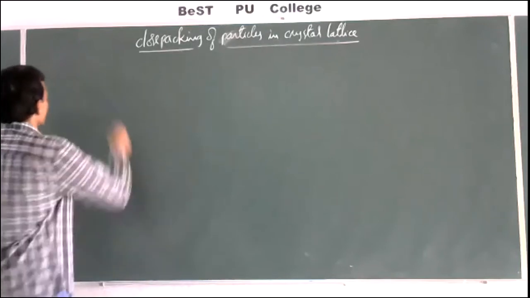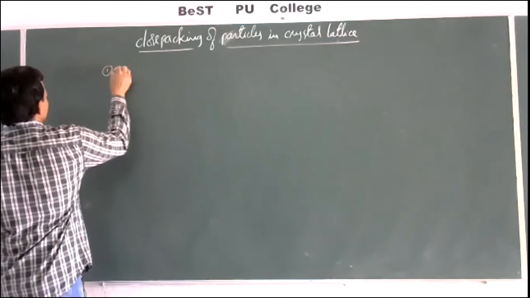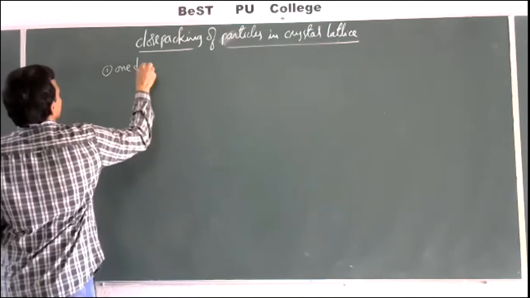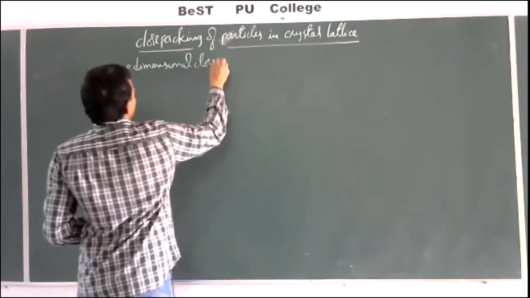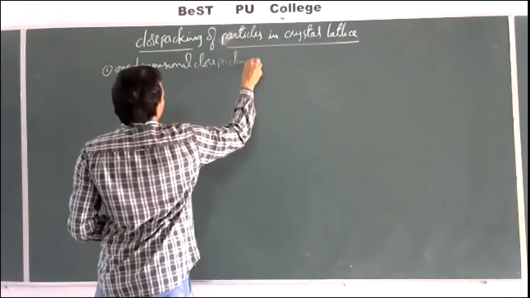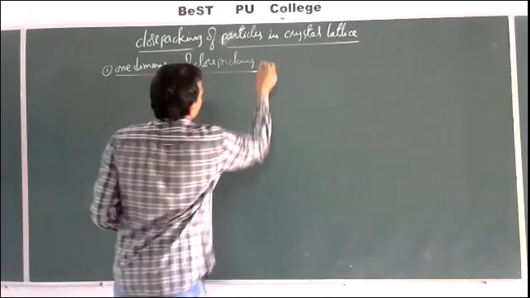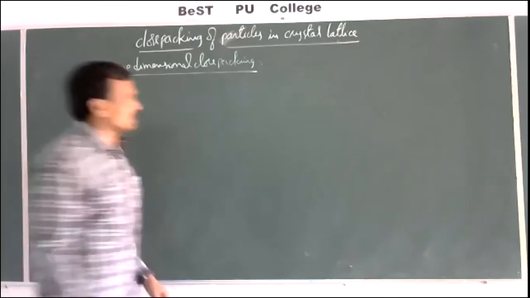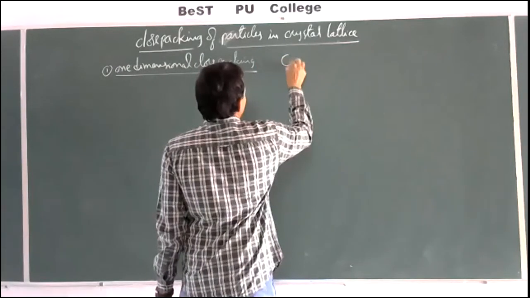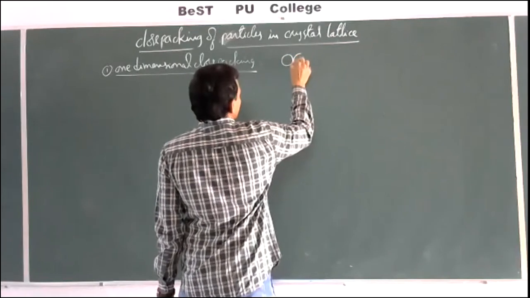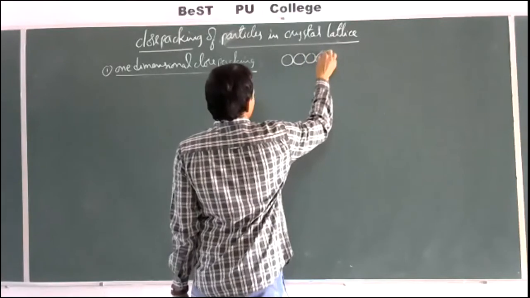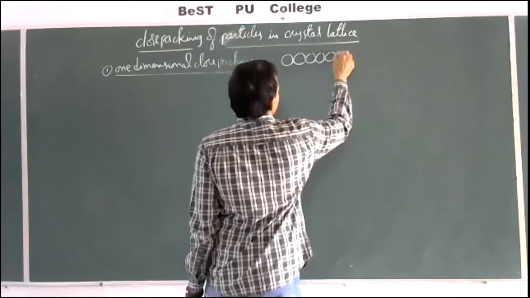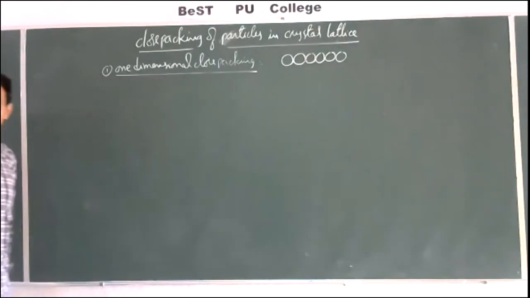Okay, first we'll go for one-dimensional close packing. This is a simple one. See, in one-dimensional close packing, if this is a particle, this particle is in contact with another particle, this is in contact with another particle, like this it continues and so on. This is a one-dimensional close packing.